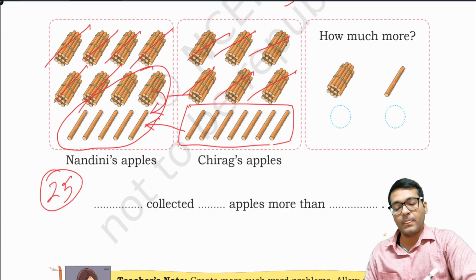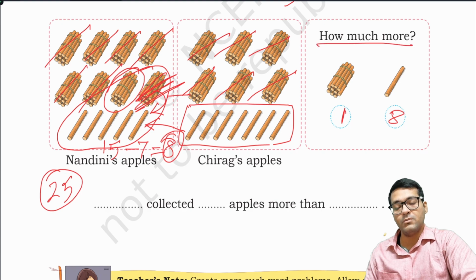That means 15 sticks will be there. 15 minus 7 will give you 8. Okay, 8 and 1 bundle, 1 bundle and 8 sticks, that is 18. How much more? That is 18 more.